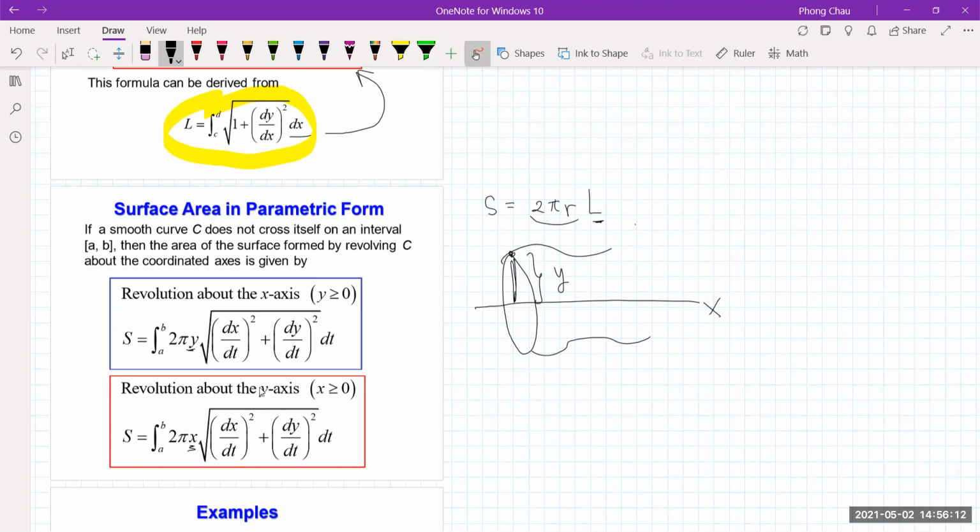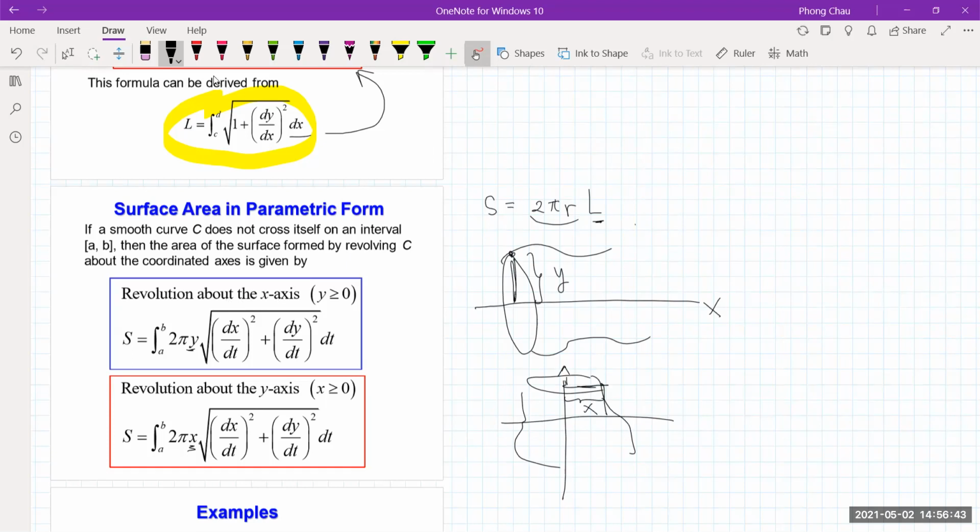If we rotate about the y-axis, okay, when we rotate about the y-axis, right, so the radius is this distance, so that is x. Okay, so we have either 2 pi y or 2 pi x, depending on which axis of rotation we use. Okay.